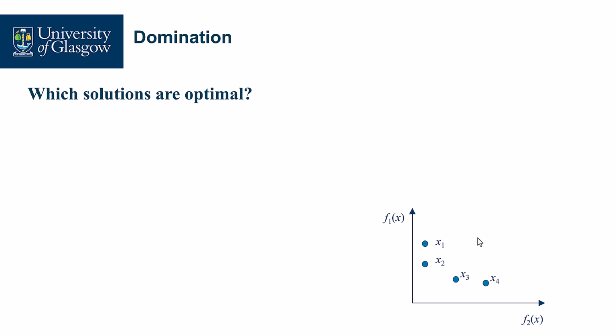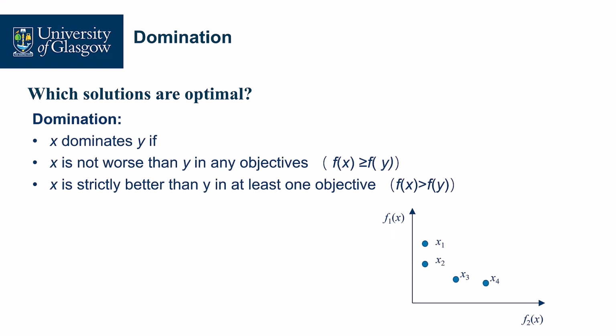For any 2 candidate solutions, x and y, we only have several conditions. If x dominates y, this means x is not worse than y in any objective. Here we consider maximization, so f(x) is larger than or equal to f(y).